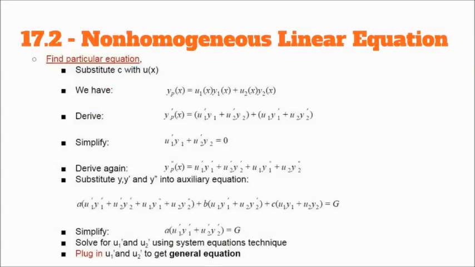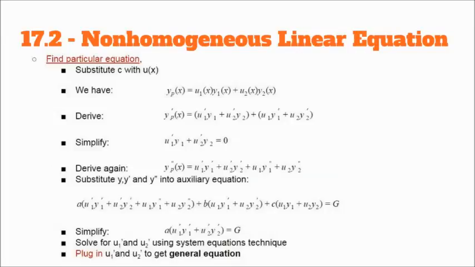Now, let's replace the constants, or the parameters, c1 and c2 in the equation by arbitrary functions u1 of x and u2 of x. We look for a particular solution of the non-homogeneous equation of the form y_p of x equals u1 of x y1 plus u2 of x y2. This method is called variation of parameters because we have varied the parameters c1 and c2 to make them functions.